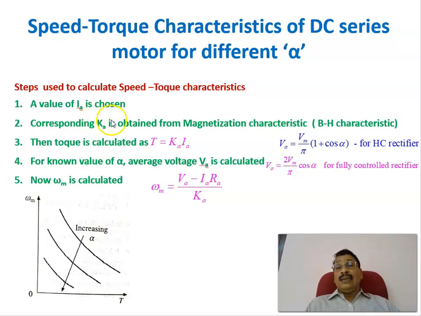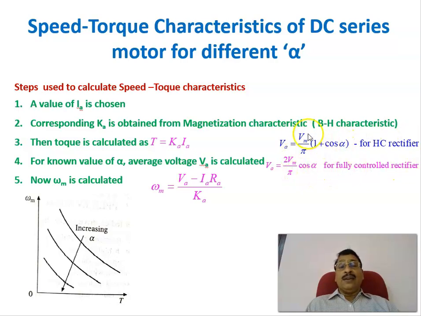Once you calculate Ka for a given Ia, you can calculate the torque: torque equals Ka into the chosen armature current Ia. For a given value of alpha, the average value of Va can be obtained. As we have seen already, Va equals Vm by pi into 1 plus cos alpha for a half controlled rectifier, and 2 Vm by pi cos alpha for a fully controlled rectifier.